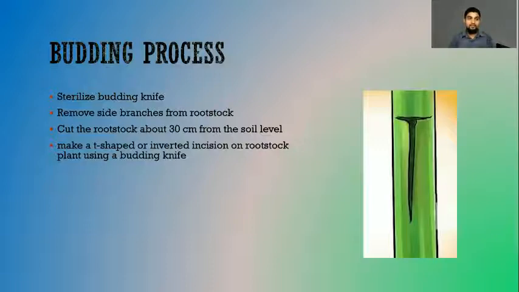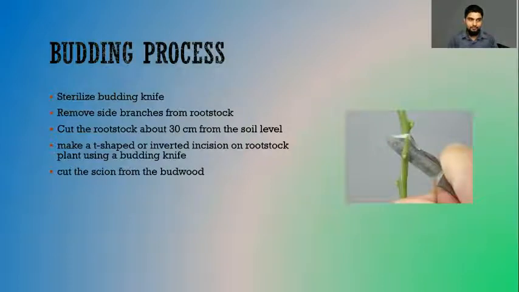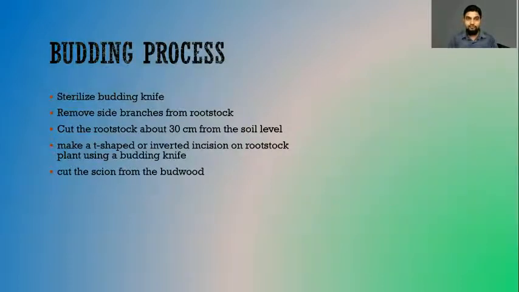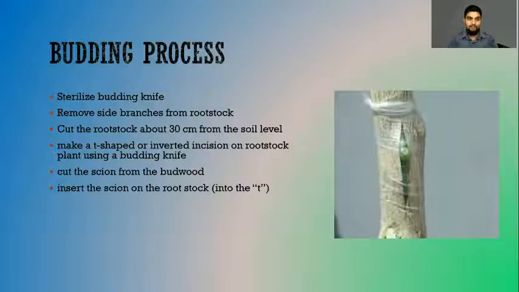This is made on the rootstock using a budding knife, as was shown earlier. The scion is then cut from the budwood, and this is the bud that you're removing from the budwood, and then it is inserted. So the scion or the bud is inserted into the rootstock to the area where you made that T.